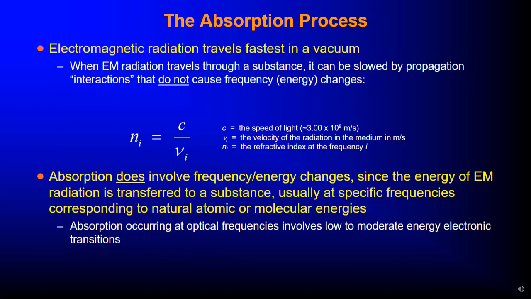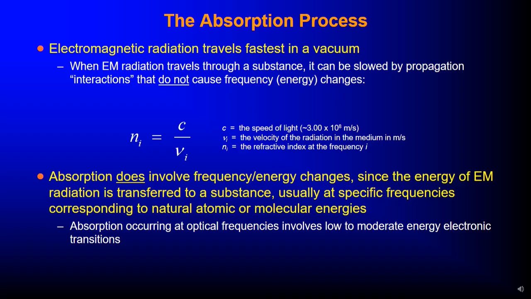So the absorption process, electromagnetic radiation travels fastest in a vacuum. So when electromagnetic radiation travels through a substance, it can be slowed by propagation, or in bracket interactions that do not cause frequency changes, like what we saw with the refraction.